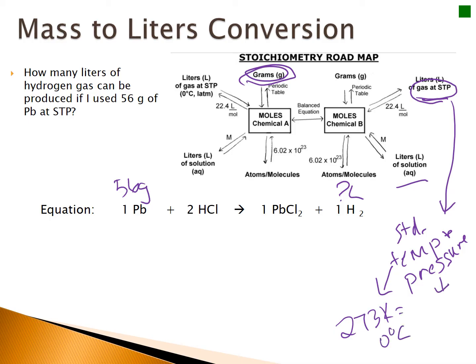And the standard pressure is 1 atmosphere, 760 millimeters of mercury, or 101.3 kPa. These all mean the same thing as far as pressure goes, and these all mean the same thing as far as temperature goes. They're just different units depending on what you're studying.